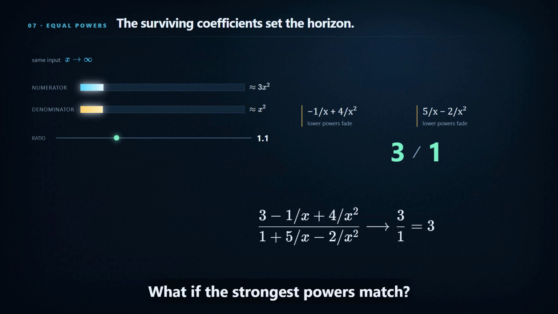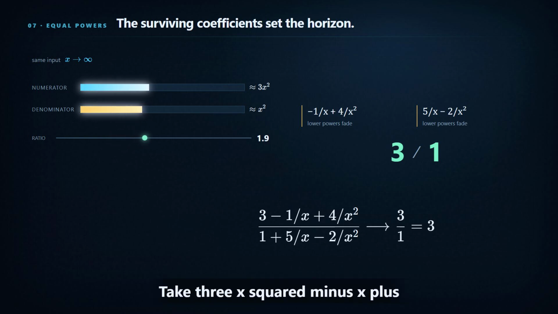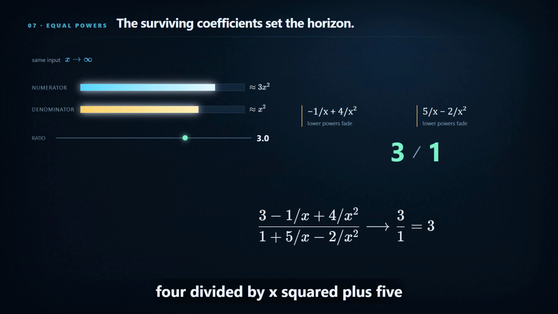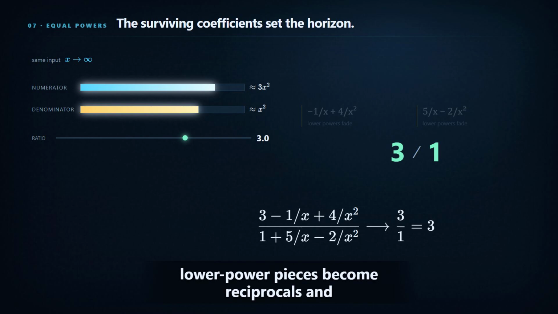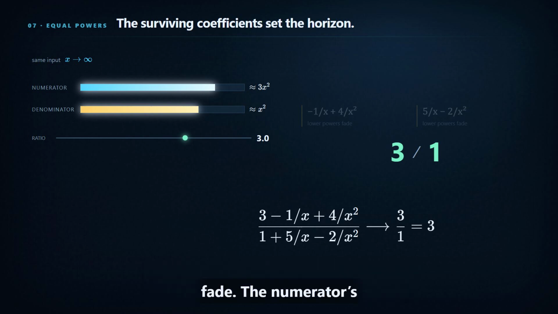What if the strongest powers match? Take (3x squared minus x plus 4) divided by (x squared plus 5x minus 2). Both top and bottom grow like x squared. After dividing by x squared, the lower power pieces become reciprocals and fade.